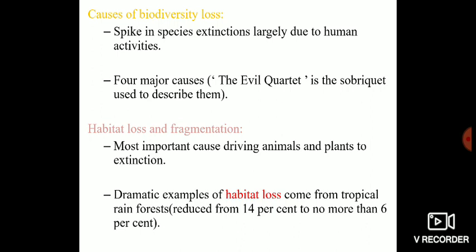Both habitat loss and habitat fragmentation are believed to be the most important factors that have driven a large number of plants and animals to extinction, and the dramatic examples of habitat loss come from the tropical rainforests, which are being cut at an alarming rate. In the past, the tropical rainforests used to cover some 14% of the earth's surface, and they have now been reduced to 6%.